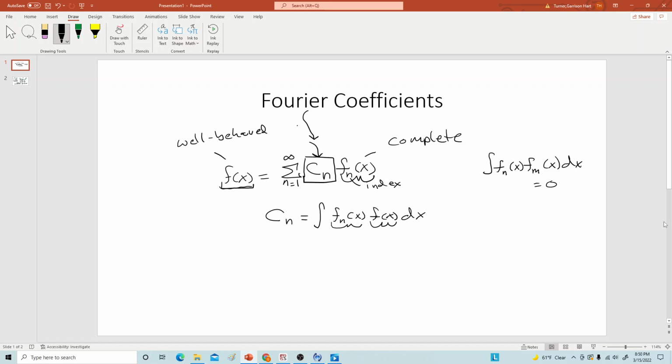And the reason that works to get this coefficient is because if you just multiply both sides by f of m of x, and m and n here are just dummy indices, so they can represent any value we want.